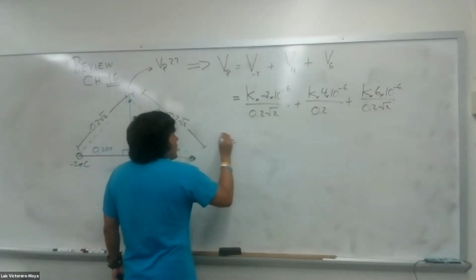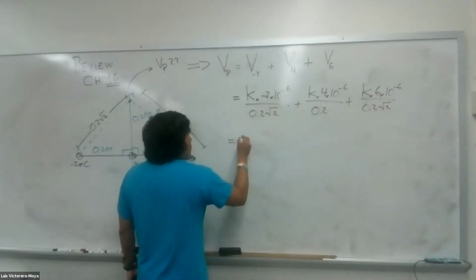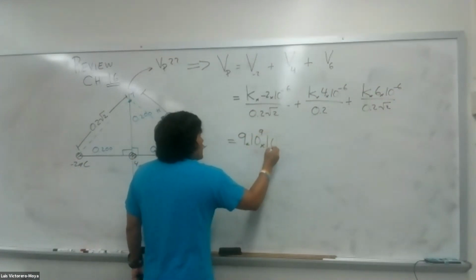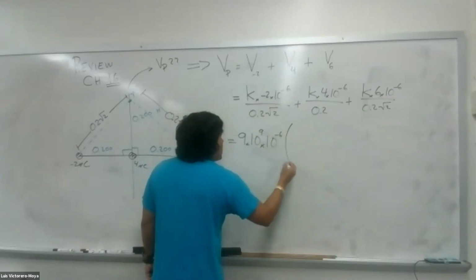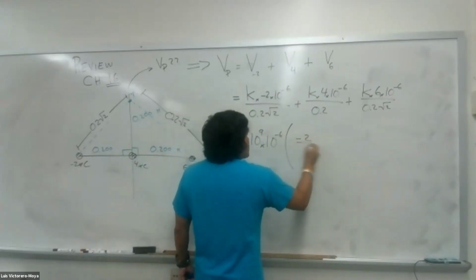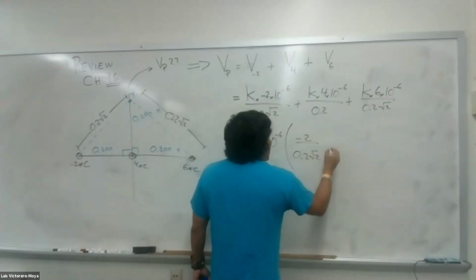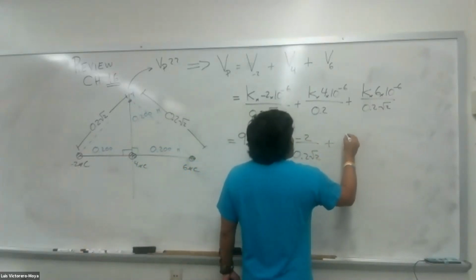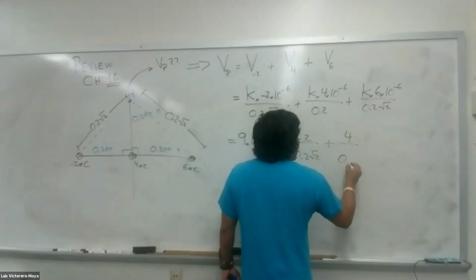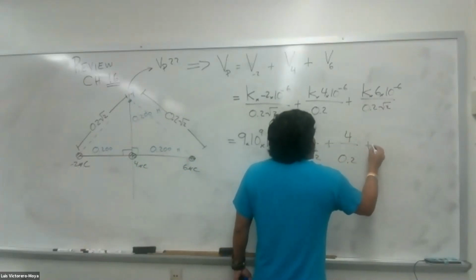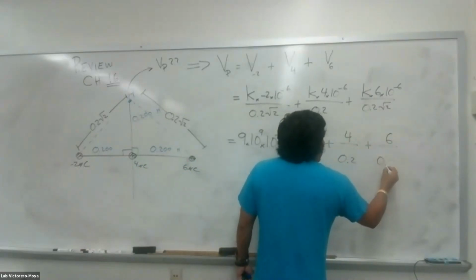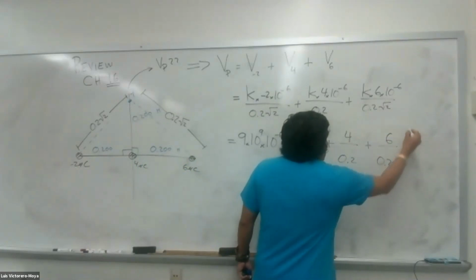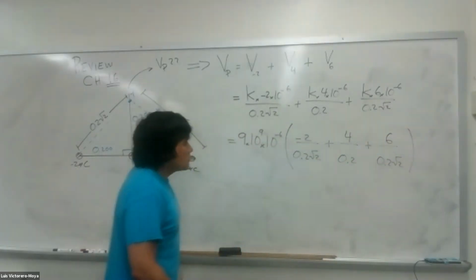Again, I can factor K and 10 to the negative 6. So 9 times 10 to the 9 times 10 to the negative 6, parenthesis, minus 2 over 0.2 root 2 plus 4 over 0.2 plus 6 over 0.2 root 2.